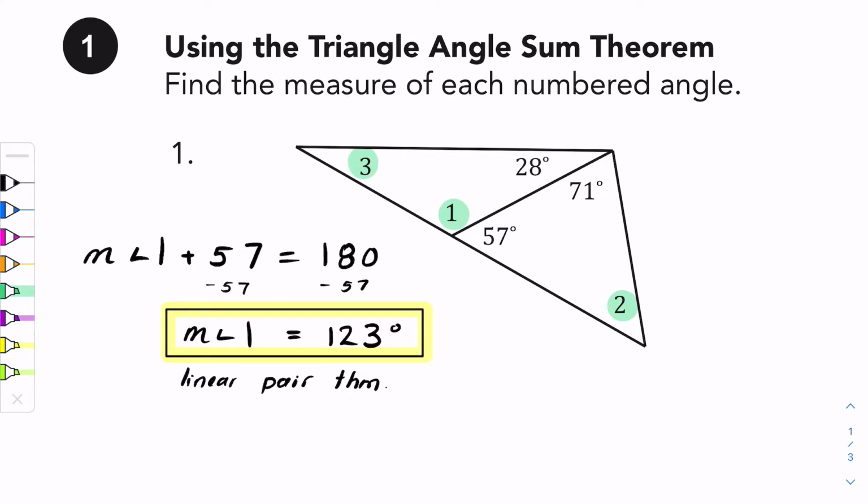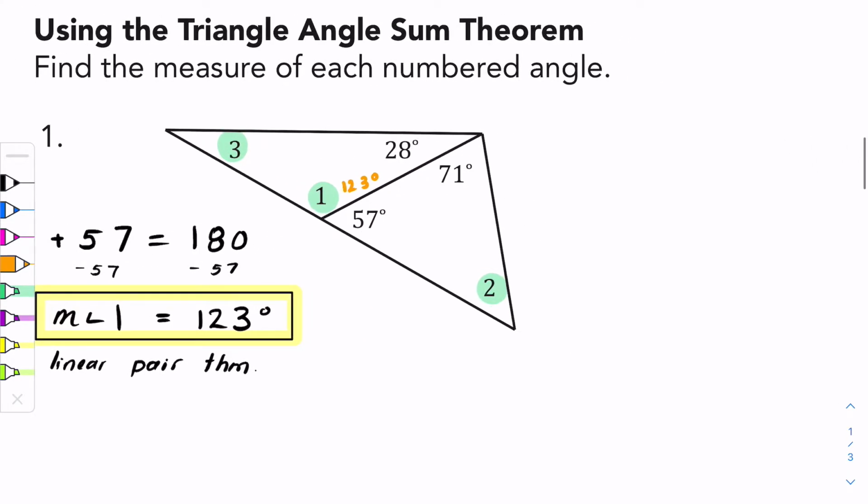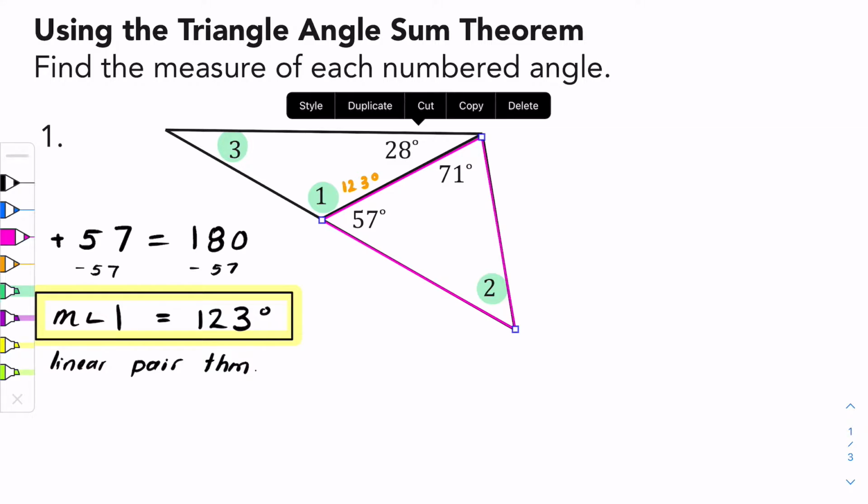Okay, now that I know the measure of angle 1 is 123 degrees, I'm now going to work on solving for the measure of angle 2, and I'm going to use the triangle angle sum theorem for that. Here's the triangle that I'm dealing with. We know that two angles inside of the triangle are already given to us.